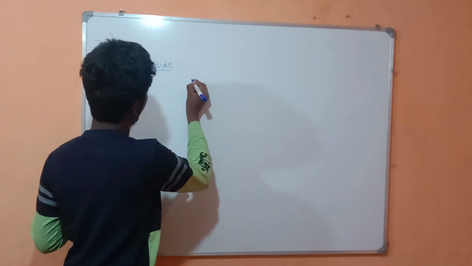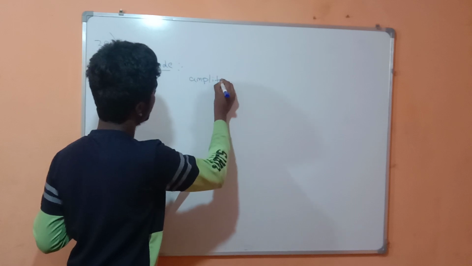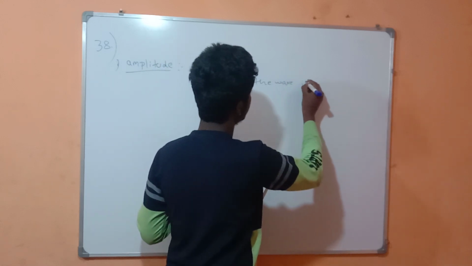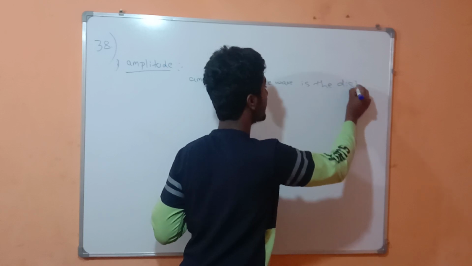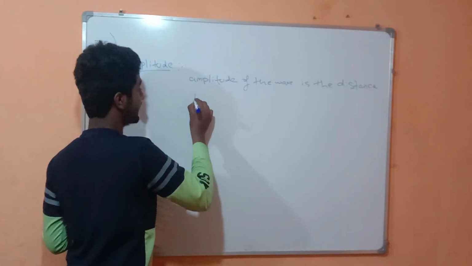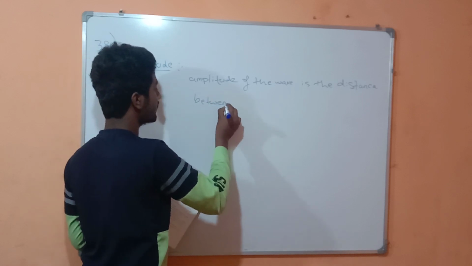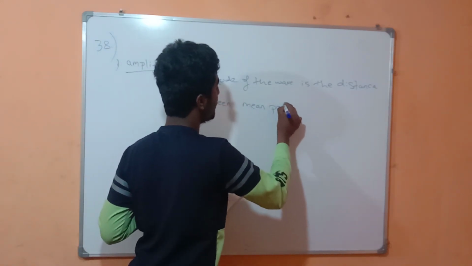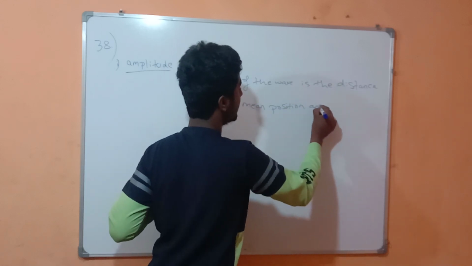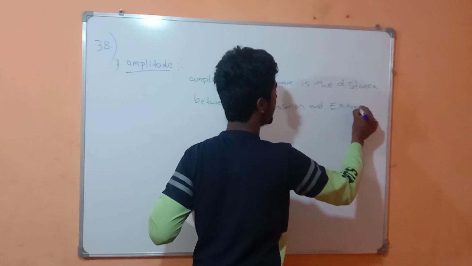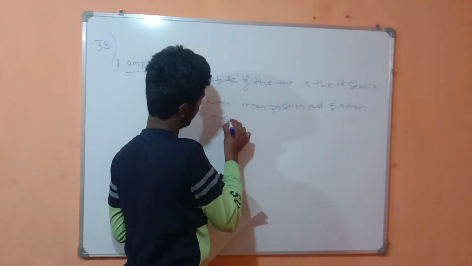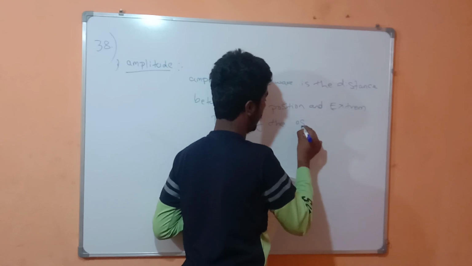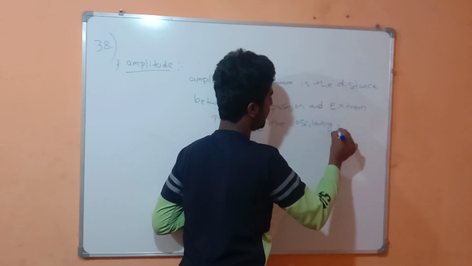Amplitude of the wave is the distance between the mean position and the extreme position of the oscillating particle, children.